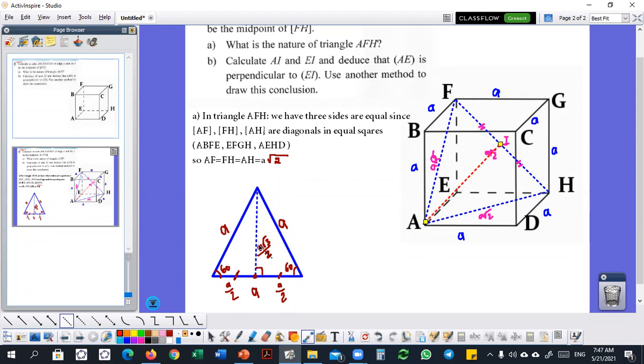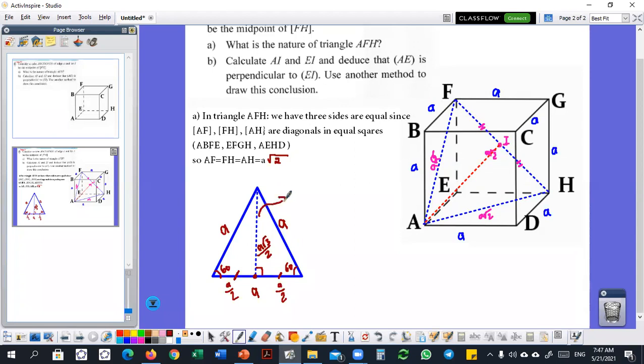I have a property. What does this property tell me? That the median or height in an equilateral triangle are basically the same thing. It is equal to the side of the equilateral triangle multiplied by radical 3 and divided by 2.